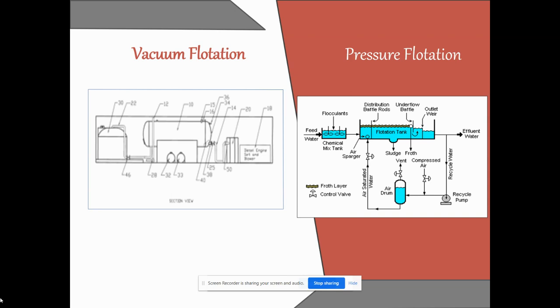But pressure flotation, on the other hand, consists of pressurizing and aerating the process stream and introducing it into the flotation vessel that is maintained at low atmospheric pressure. The reduction in pressure results in the formation of fine air bubbles and the collection of fine particulates to be floated and then removed as sludge.